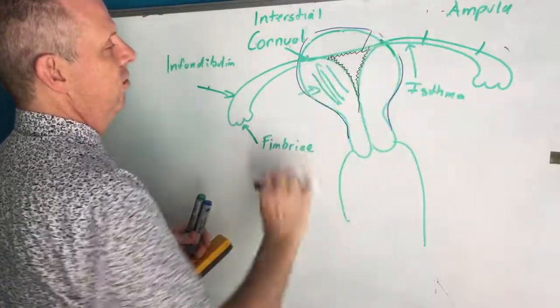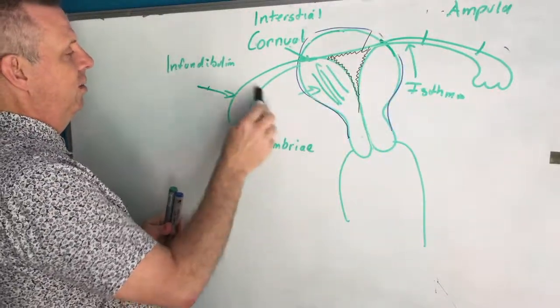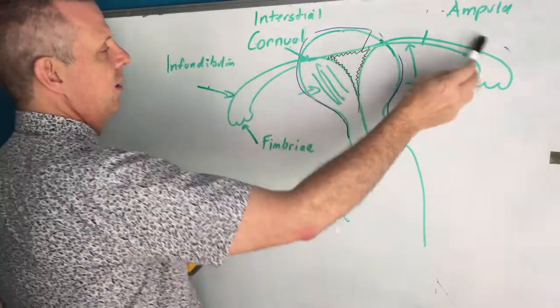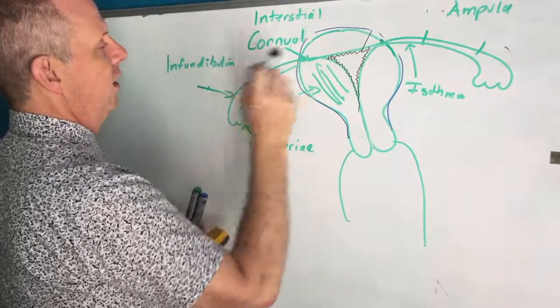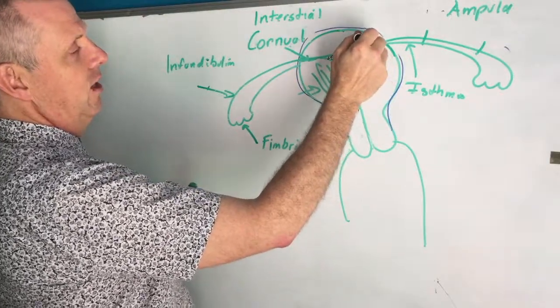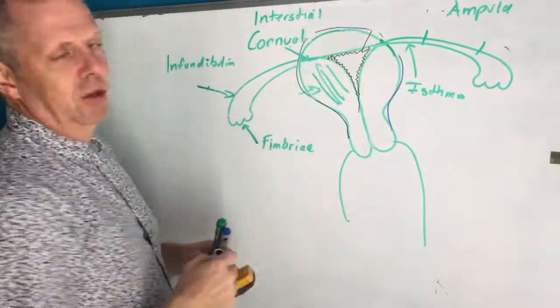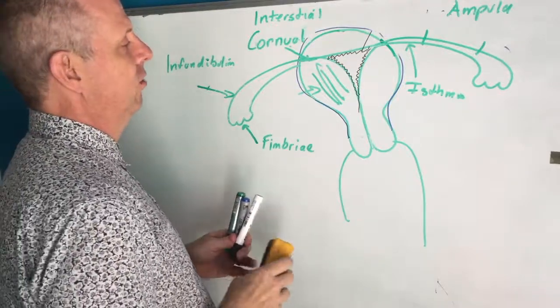And at various places you can get ectopics. The most common place to get ectopics is here in the infundibular or the ampulla area. It's really bad to get an ectopic in the cornual area because an ectopic pregnancy there is difficult to remove. You have to cut a piece of the uterus out, and it's very challenging and often associated with bleeding.